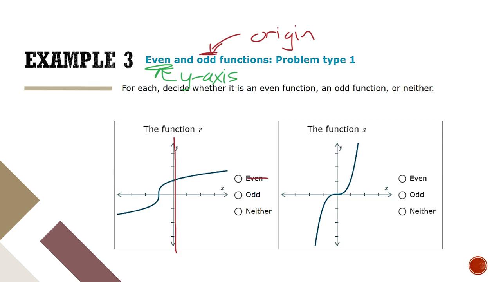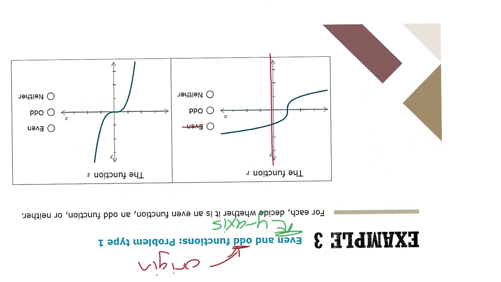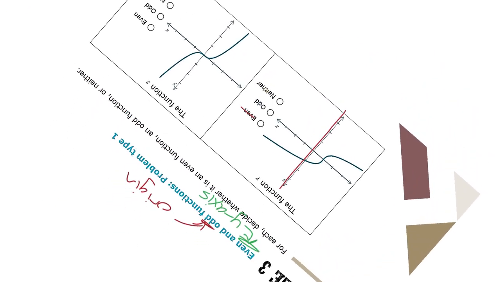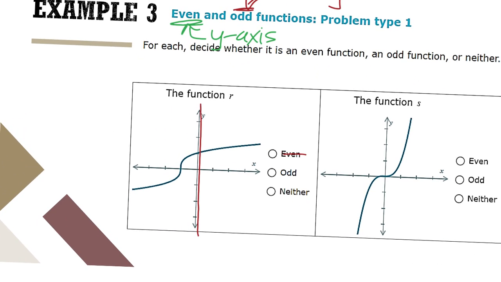Now is it odd? If I rotate this whole diagram, will it be identical if I completely flip it upside down? So let's go ahead and do that. This function is starting from the bottom left and going to the top right, but notice how it was moved over to the left on that one.